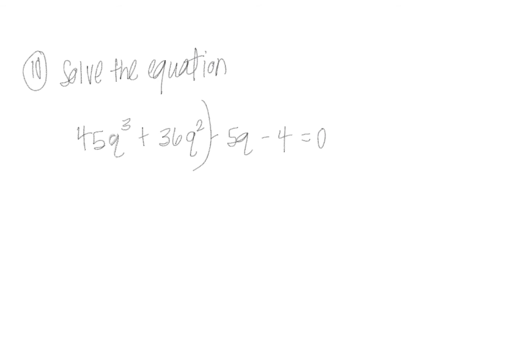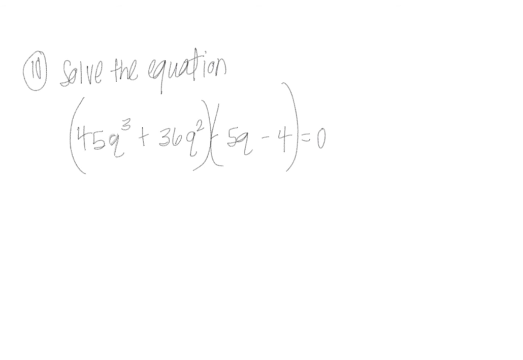You just group the front and the back, okay? And now if I were in person and could put my hand over it, I would literally put my hand over this right now and forget about it and just look at the front binomial that we've grouped off, and look for a GCF between 45q cubed and 36q squared.